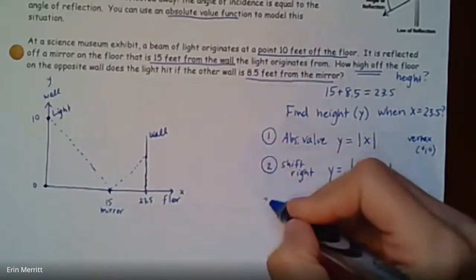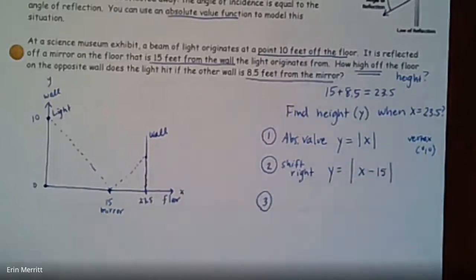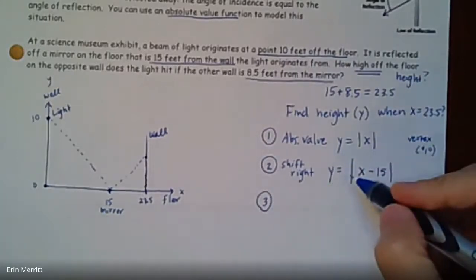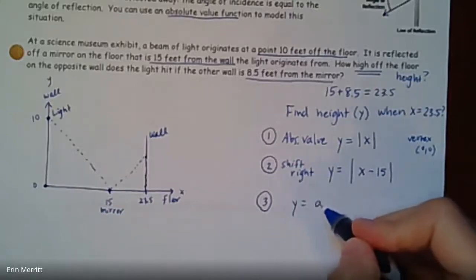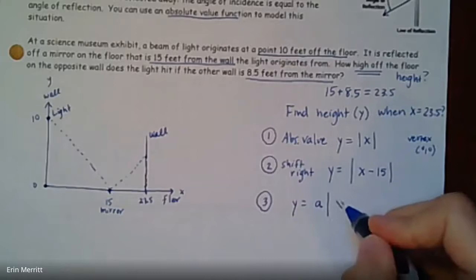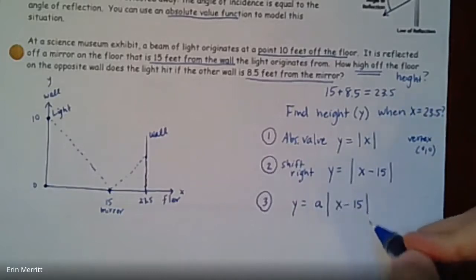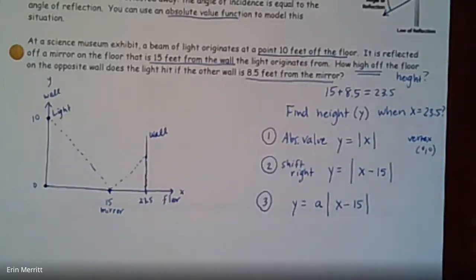Next thing, let a represent a possible vertical dilation. That means it has to go in front. So a vertical dilation means I'm going to put an a in front. Then we want to figure out what that possible vertical stretch is by plugging in a point that is not the vertex.